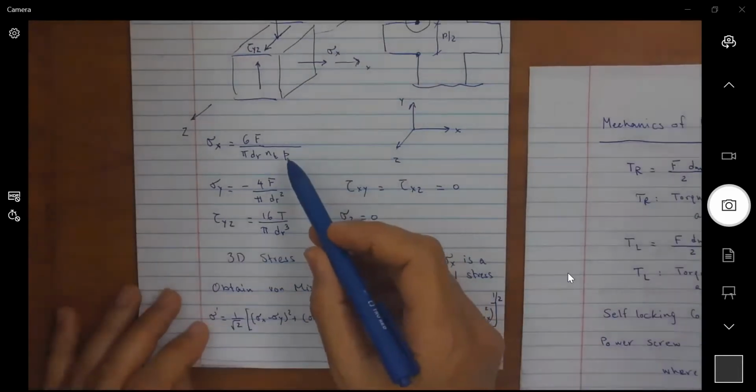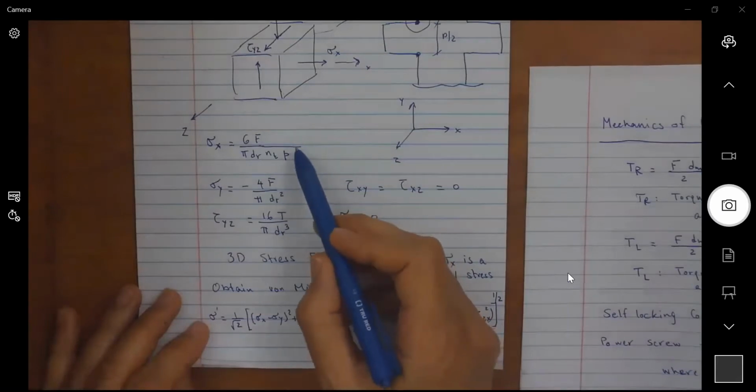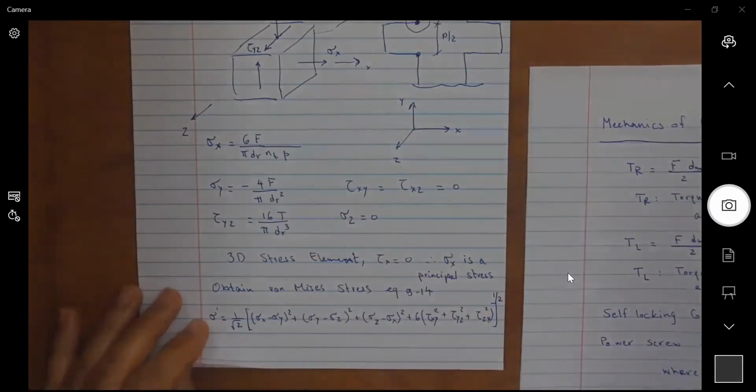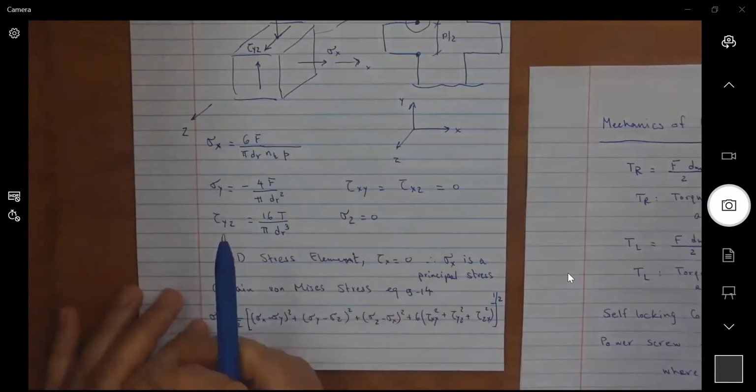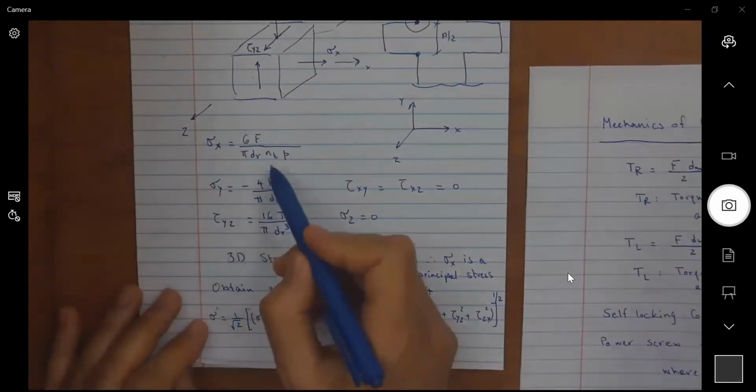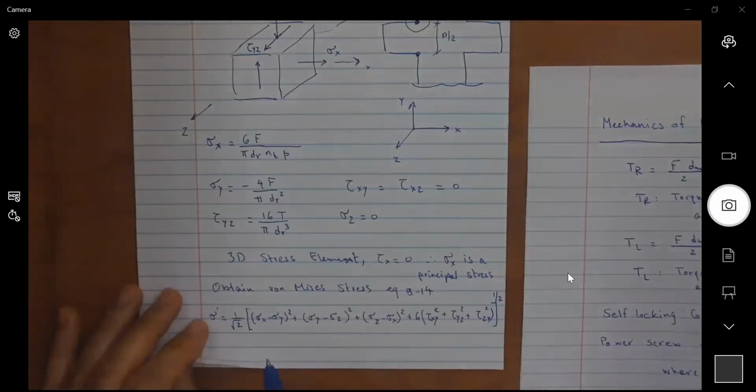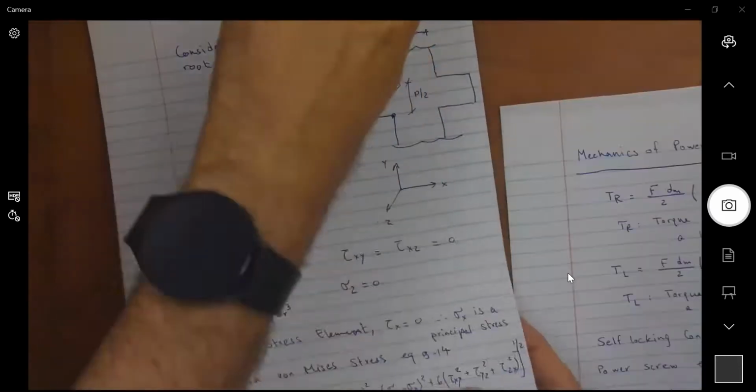In the equation for sigma x, which comes from the bending of the thread, you will notice we have this NT, the number of threads engaged.